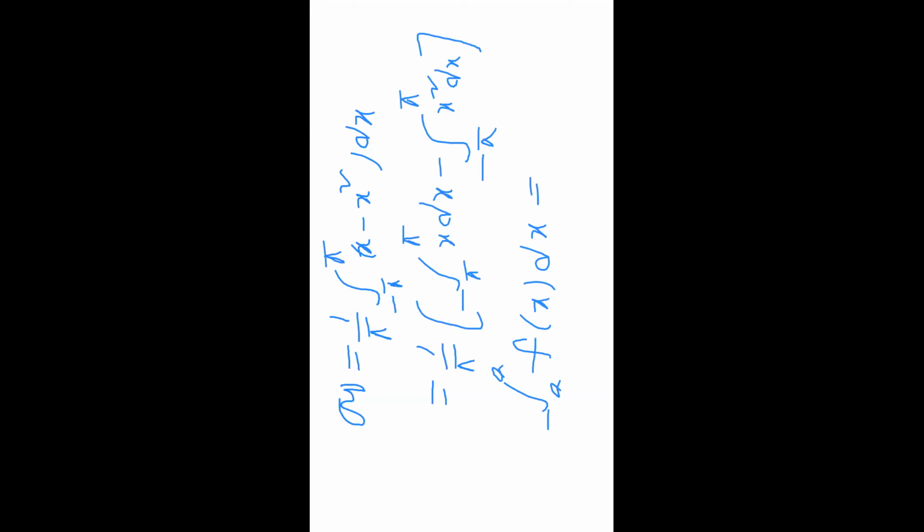Suppose f of x is even, we write 2 into 0 to a f of x dx. If f of x is odd, then it is 0. How to check whether a function is even or odd? Replace x by minus x; if we get f of x, it is even. If we get minus f of x, it is odd.